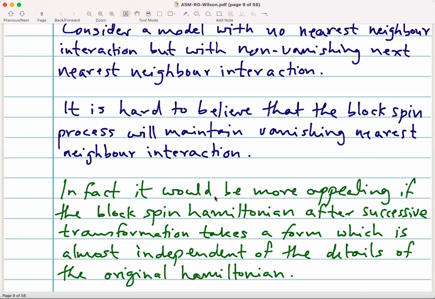Now, if you think about it for a moment, you realize that if a system is of this type, then universality will be built into it almost instantly.